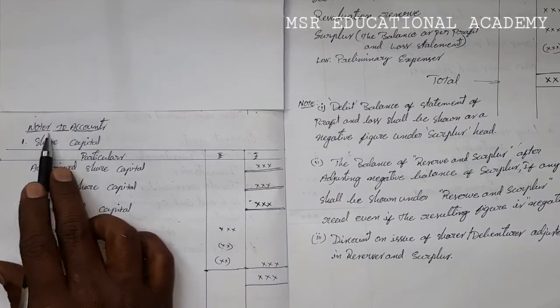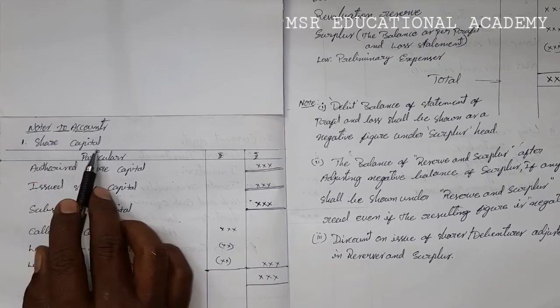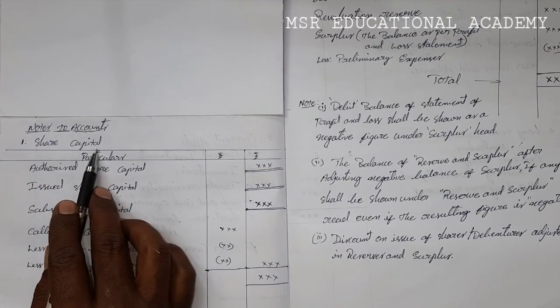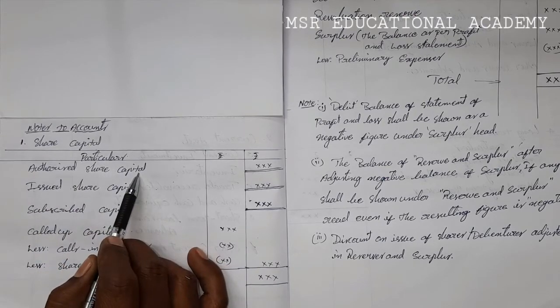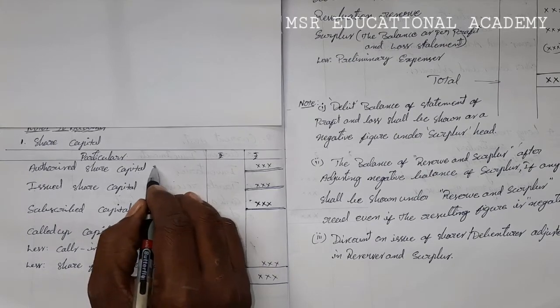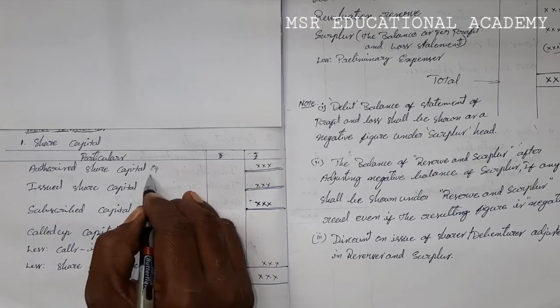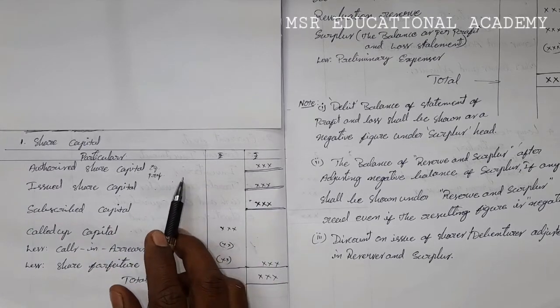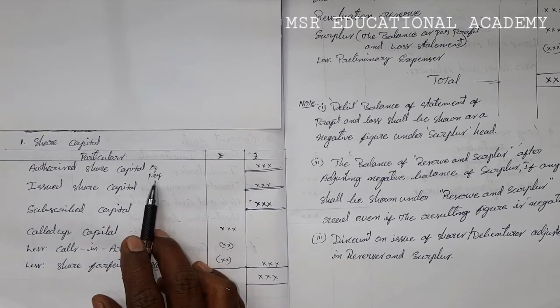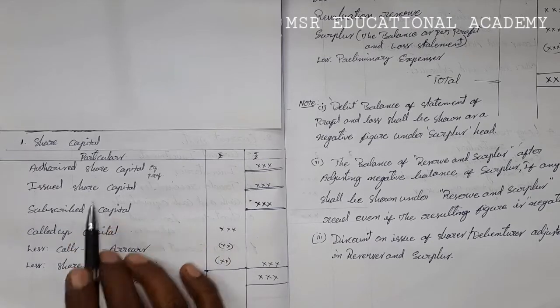First one, notes to accounts: share capital. The first is authorized share capital. In the authorized share capital we should write equity and preference share capital, whatever the authorized equity and preference share capital is.